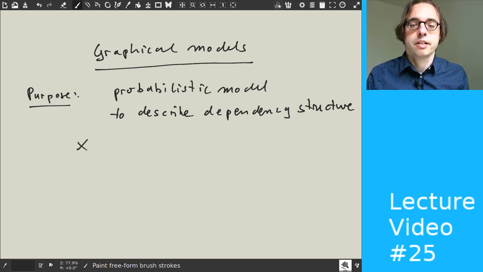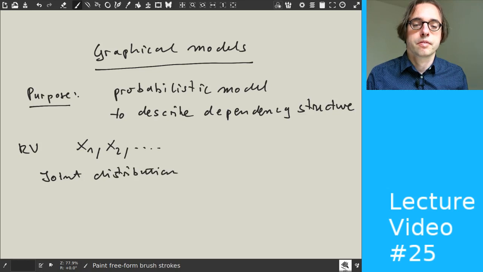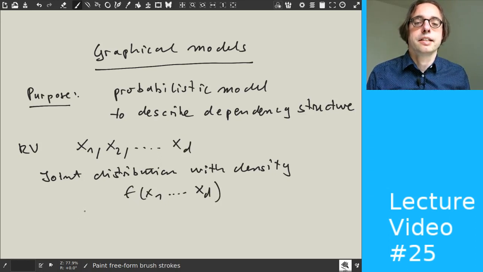So we have, let's say, random variables x1, x2, and so on. These are our random variables, and we have a joint distribution with density f(x1, ..., xd), let's say of dimension d. And the graphical model provides a way to structure the joint distribution.